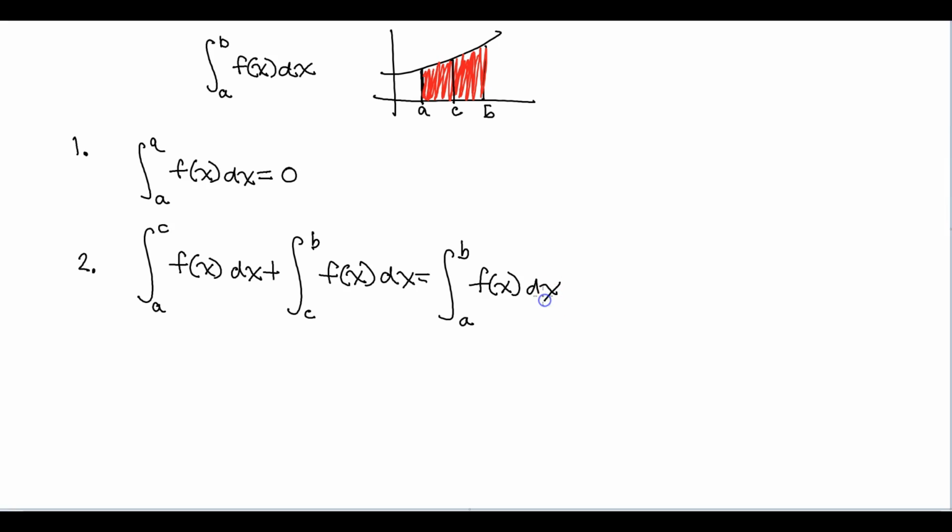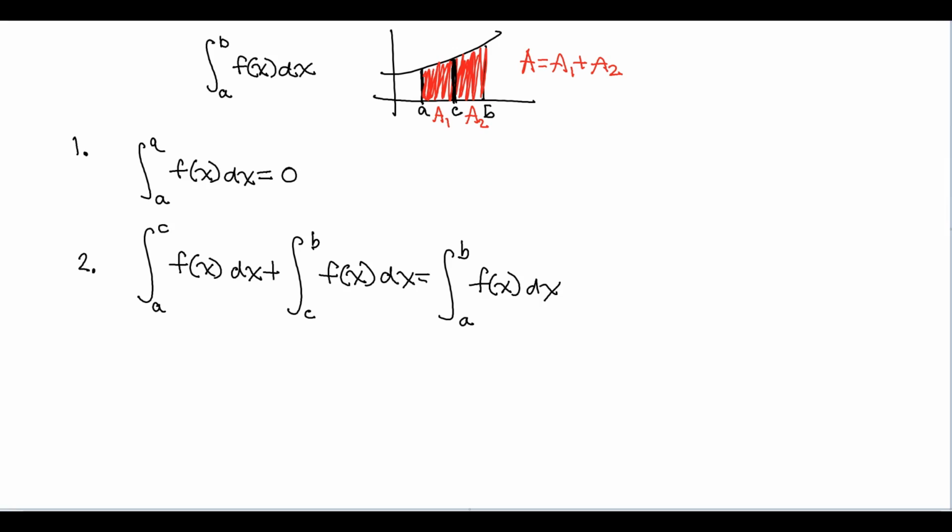And again, from our little drawing, you can see how that's true, because you're literally adding the two areas together. If this is area 1 from A to C and area 2, then your overall area will be area 1 plus area 2. By common sense, you can derive the second property this way.